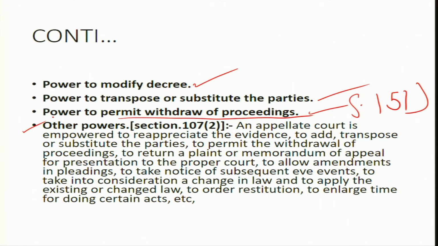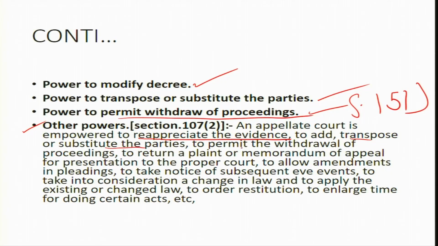This is all the power. There are a few examples. With the help of these examples, you can learn more about what kind of power can be exercised by the appellate court. An appellate court is empowered to reappreciate the evidence. First, reappreciate whatever has already been appreciated but not taken into account. The appellate court can also reappreciate the same evidence you have already produced before the trial court, whether the evidence is relevant or not.